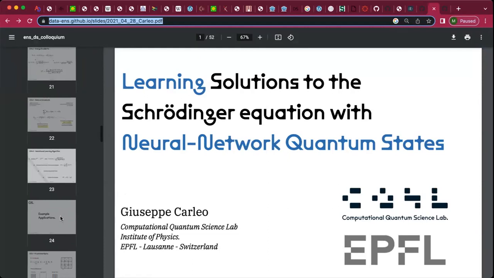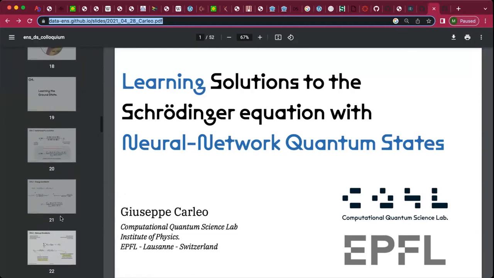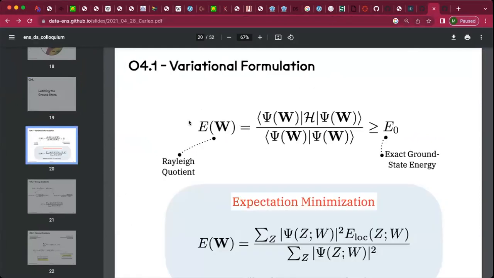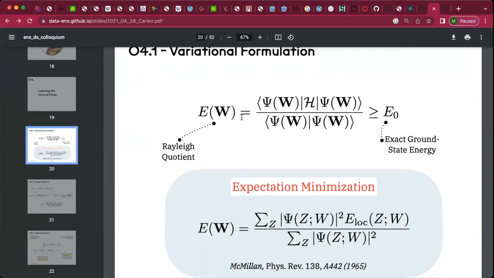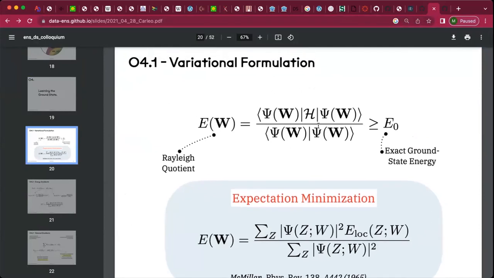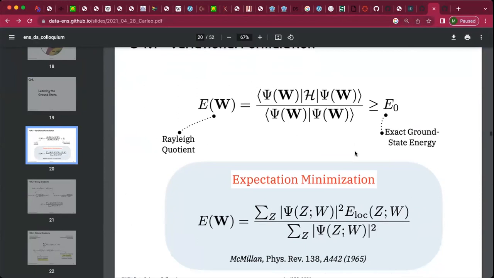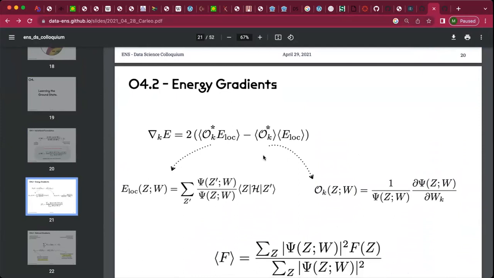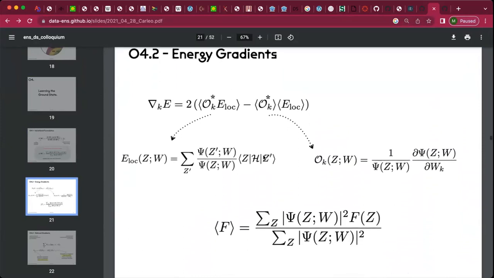If we scroll down a little bit, you will find how you can now learn the ground state of the system. As you can see, the quantity which we are dealing with is this expectation value. We want to have the exact ground state, and we are calculating the gradients. So this is back to the same type of equations which we have been dealing with.